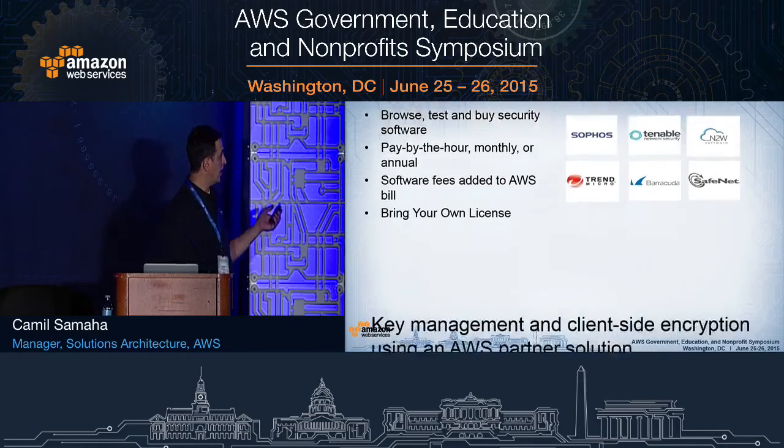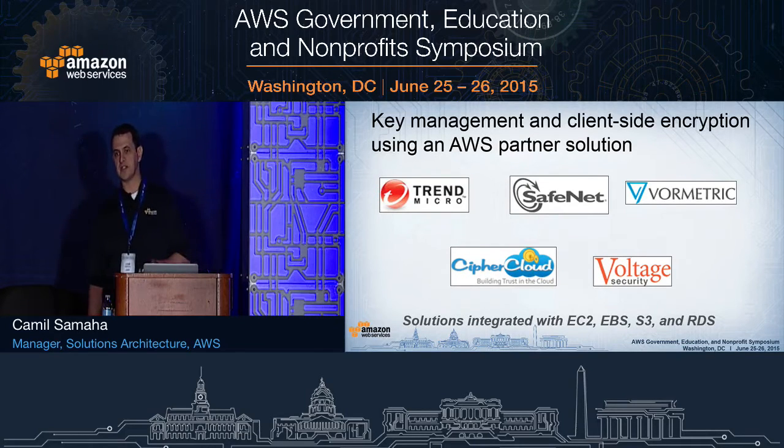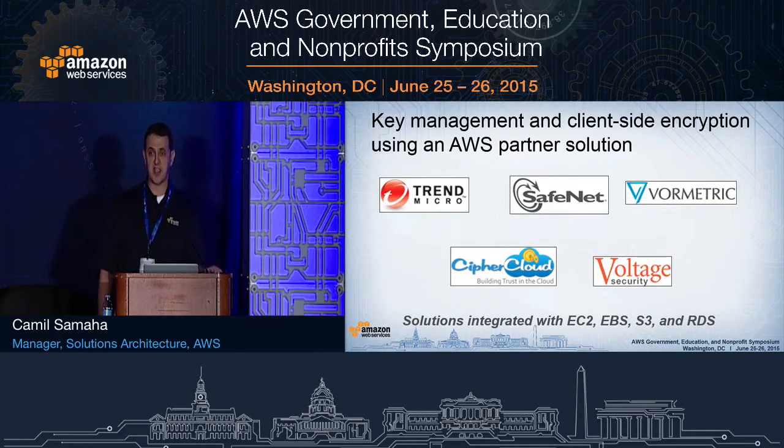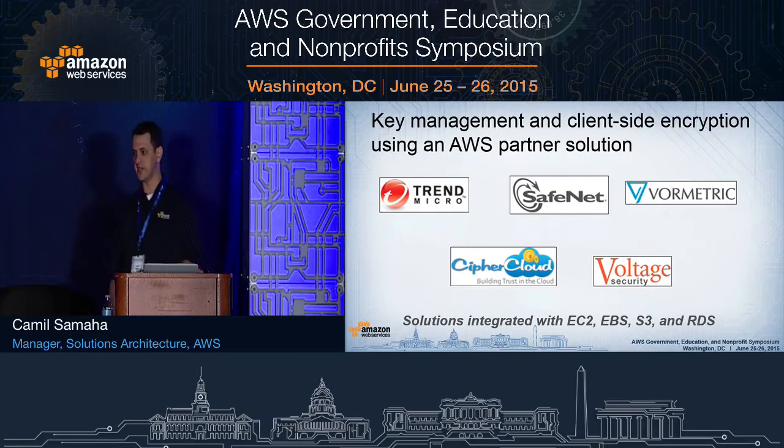Now, from the key management and encryption perspective, what's available in the marketplace, we have, again, several vendors that play in that field. I have 5 of them listed. Many of them give you the ability to integrate with S3 and EBS and RDS.